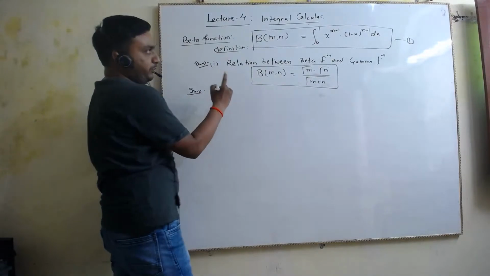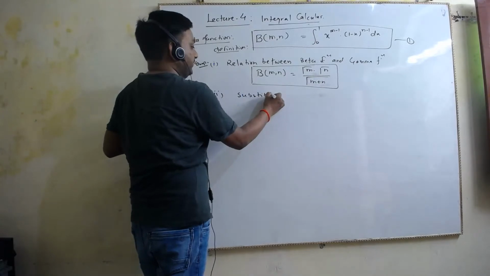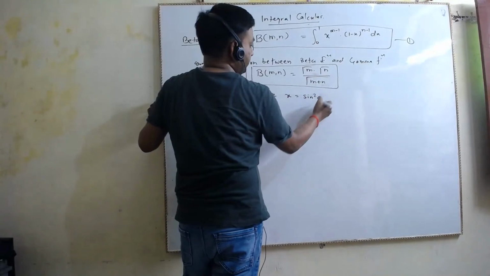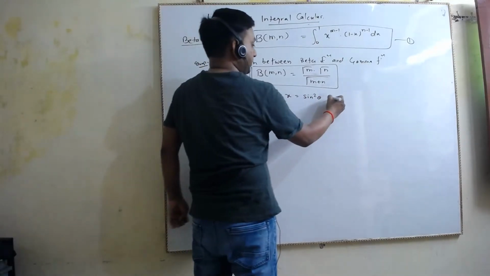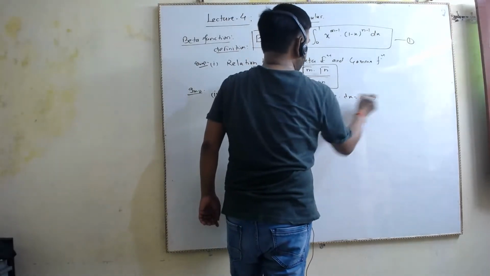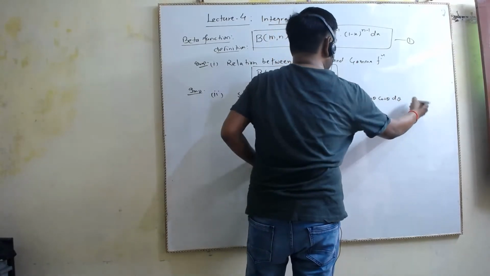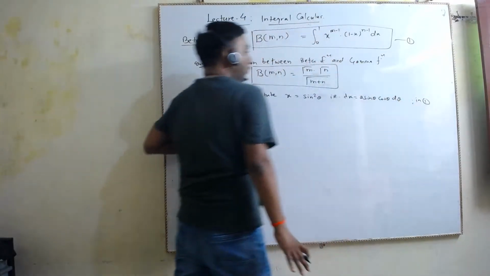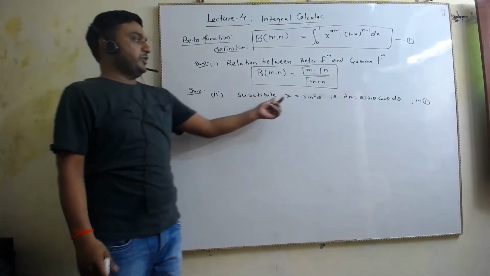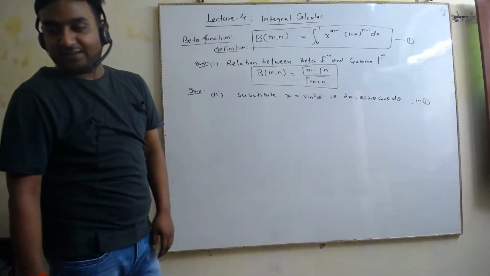What happens if I substitute x equals sine square theta, that is dx equals 2 sin theta cos theta d theta, to be put in I 1. This is also a very famous integration, and this substitution will be very famous for this chapter.